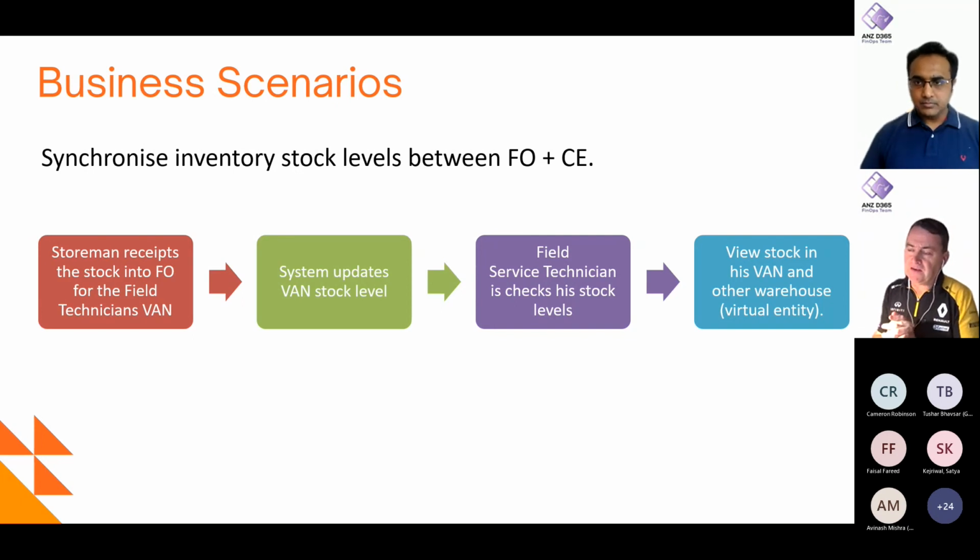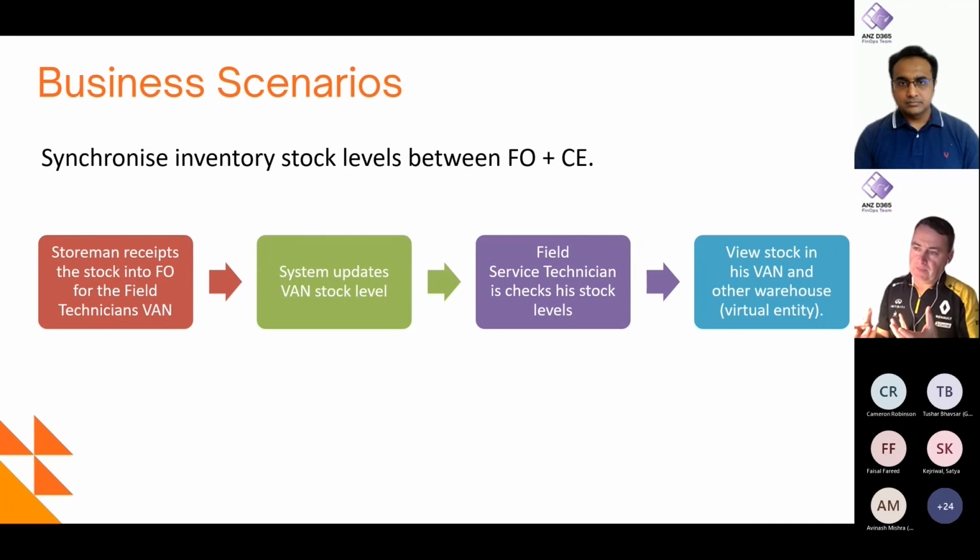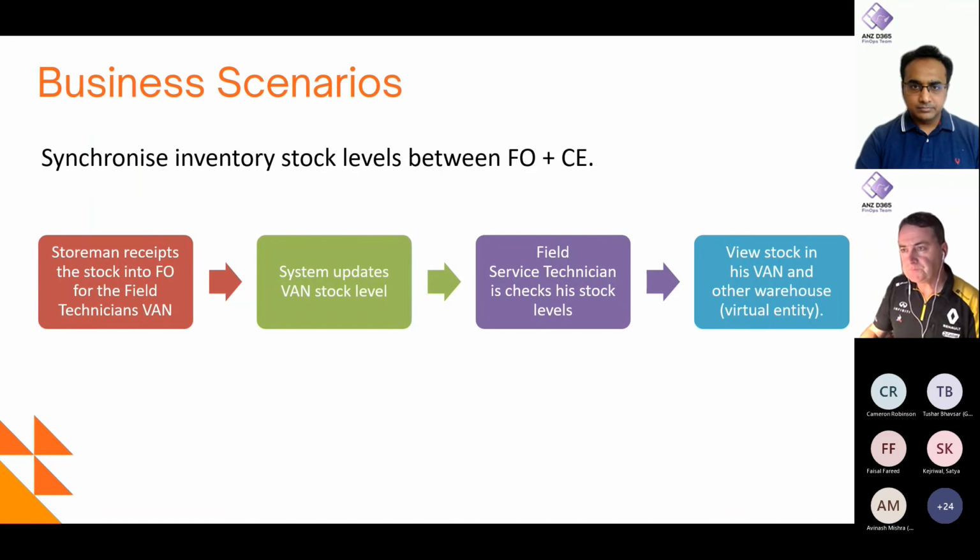And these scenarios are not suited to dual write. Apart from this last one at the end here, they're not really suited to virtual entities. And so it's a really good way of putting some perspective around when to use business events versus some of the other technology that's available.